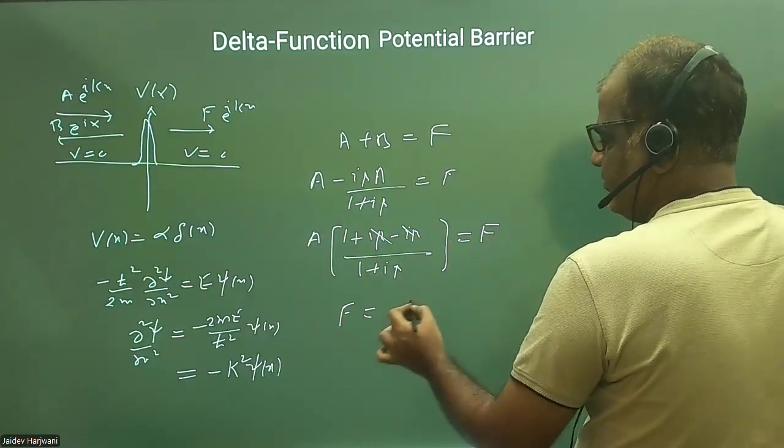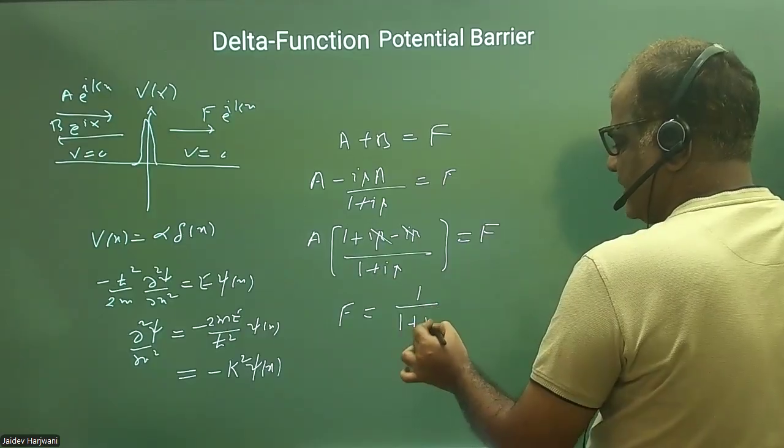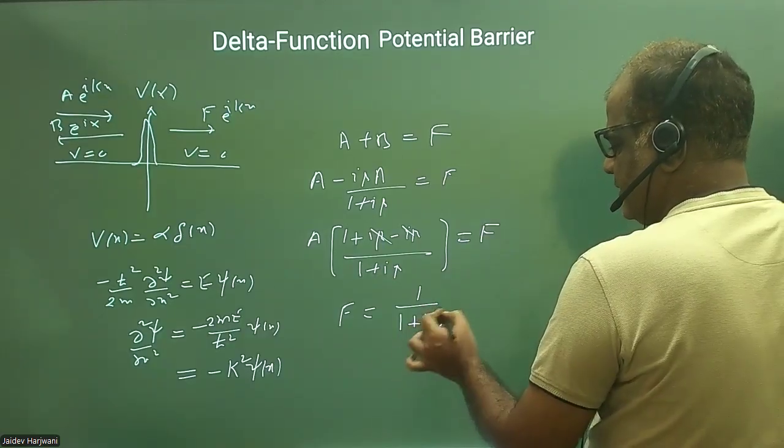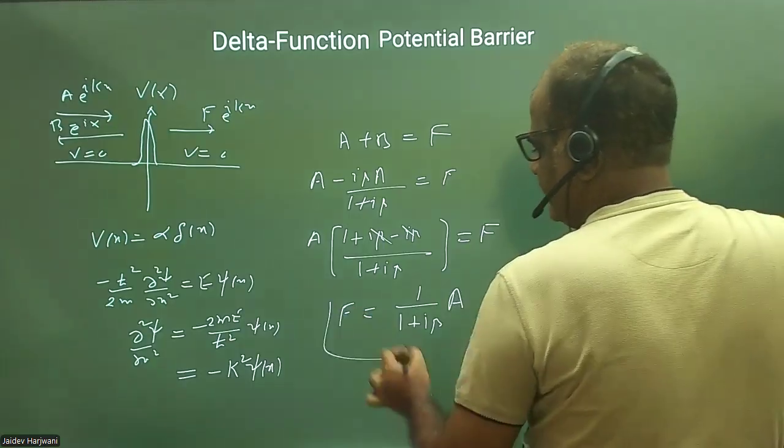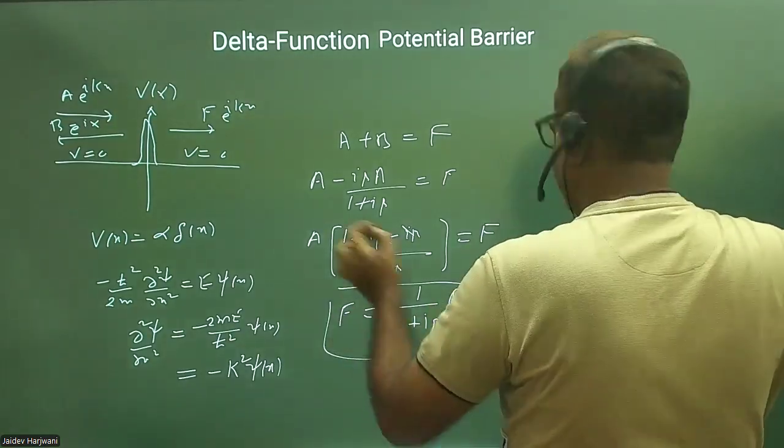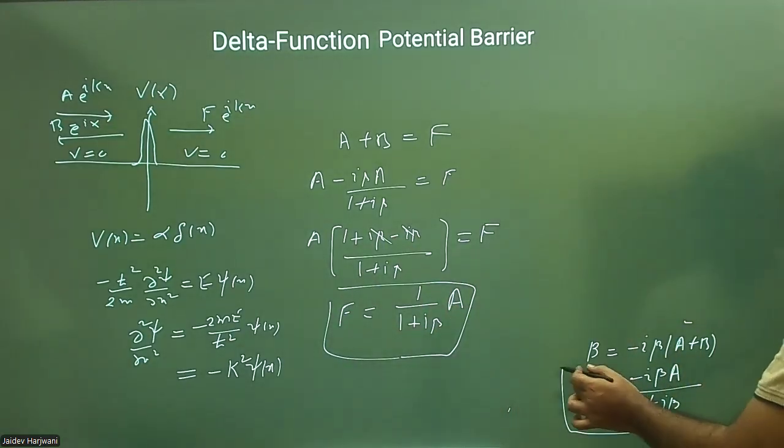So F becomes 1 upon 1 plus iota beta A. This is a very important result. Questions are asked in examination on these things.